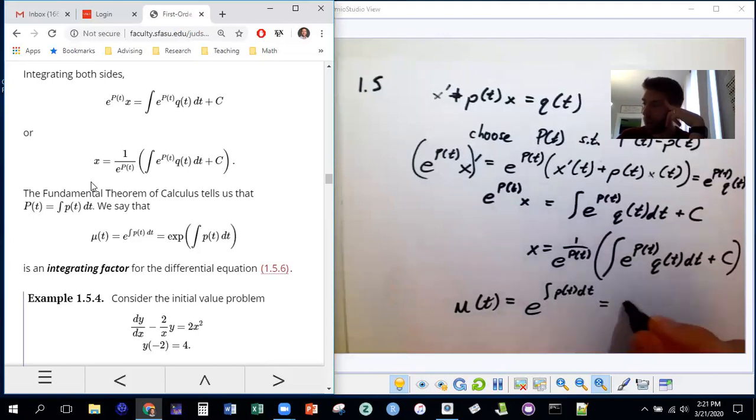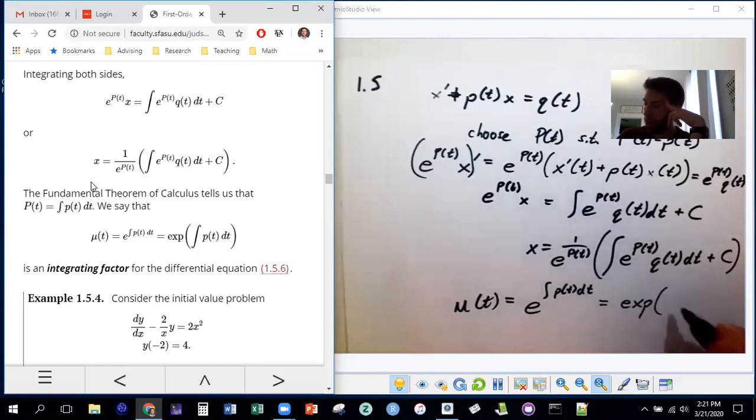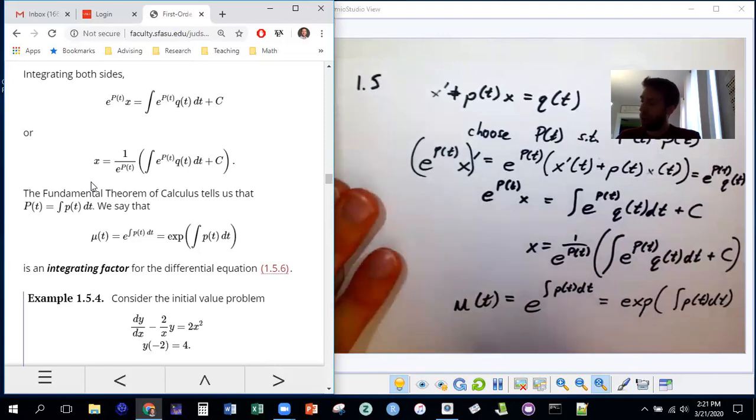That means the same thing as exp of the integral of p of t dt. So that's our integrating factor. And that means that x of t equals 1 over the integrating factor times the integral of the integrating factor times q of t plus c.